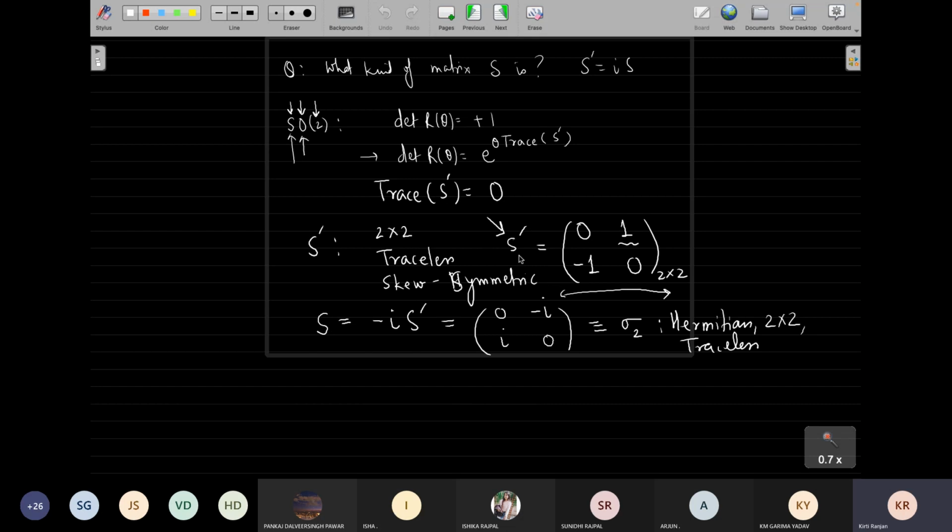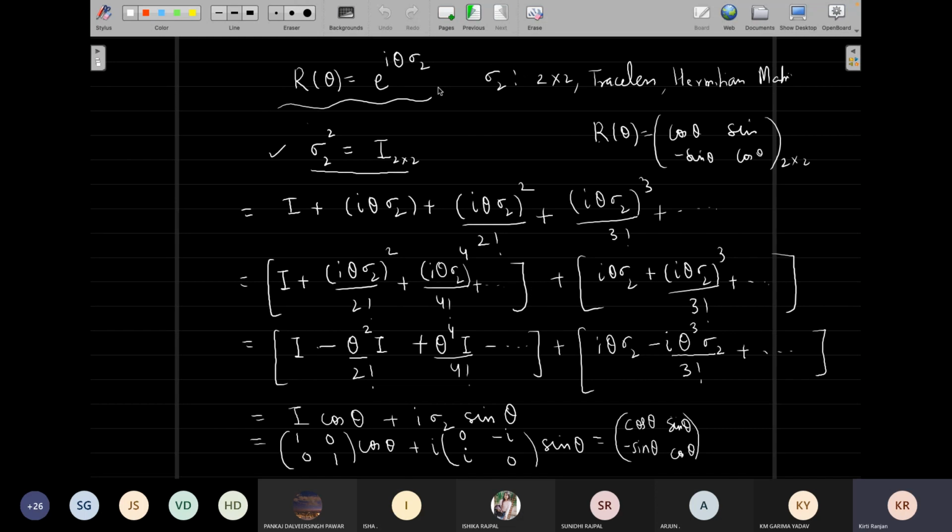The most generic 2 by 2 real matrix of this kind is 0, 1, minus 1, 0. All others can be made out of this one. Once you know this structure, you understand that your S, which is defined in terms of minus i S prime, is nothing but a Pauli matrix.